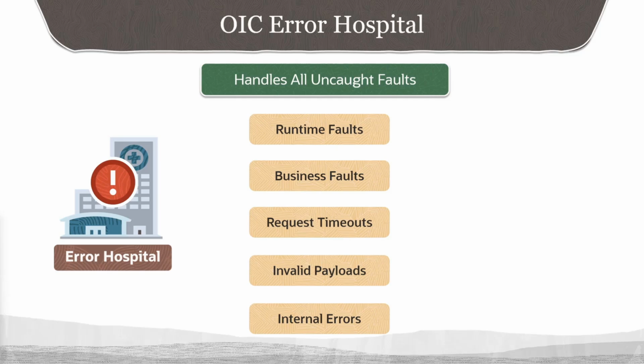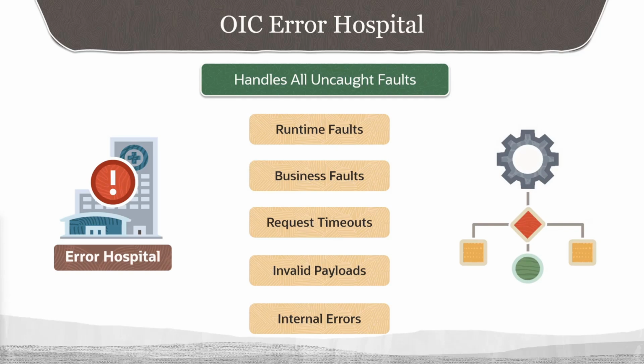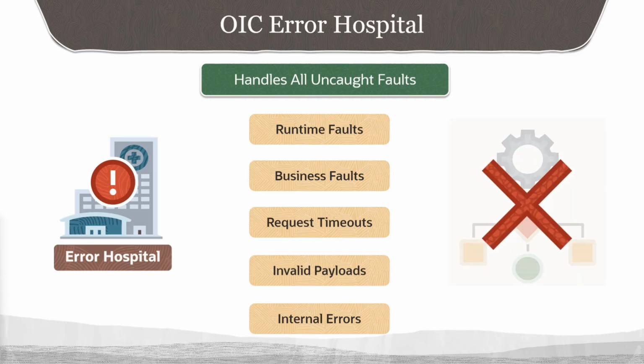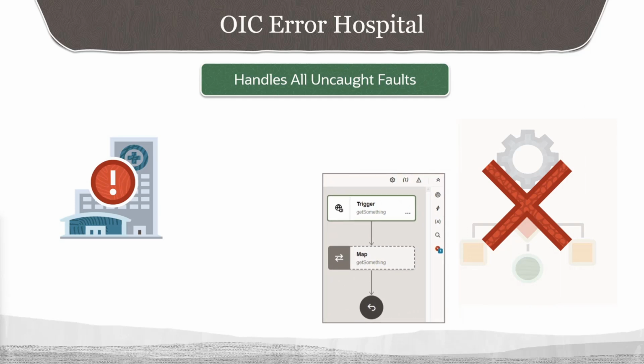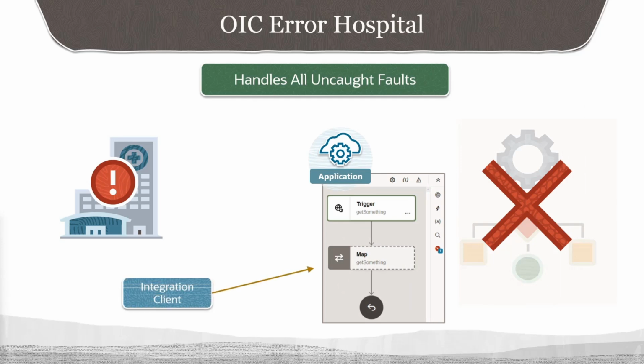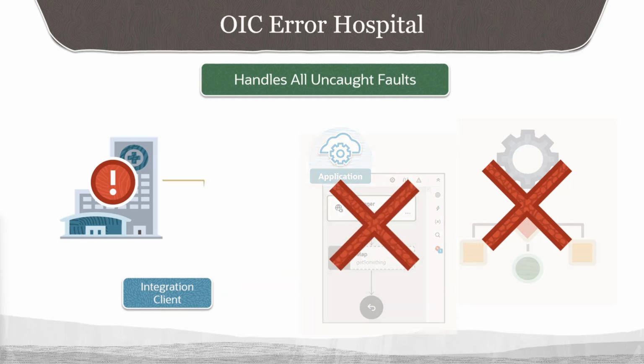Bottom line, unless you design differently, everything is caught and delivered to the error hospital. Keep in mind, when the error hospital catches a fault, the integration flow stops immediately and it is terminated. And if your integration was designed with a synchronous application pattern trigger, since there is a client blocking awaiting a response, the error hospital automatically sends that error message as is back to the client as a fault.